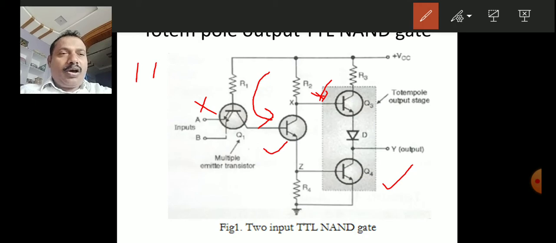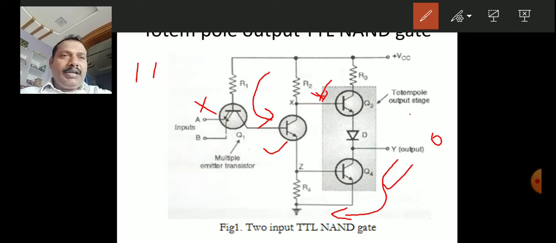So these two are off, and Q4 is conducting, so Y is connected to ground. Whenever there is input 1-1, the output is logic 0. So this is the totem pole TTL NAND gate operation.